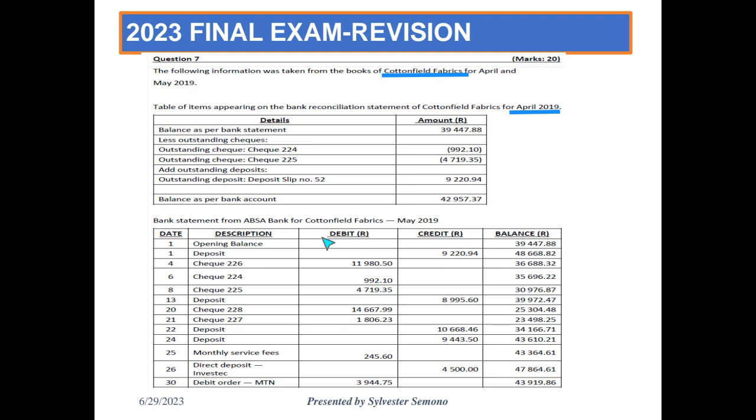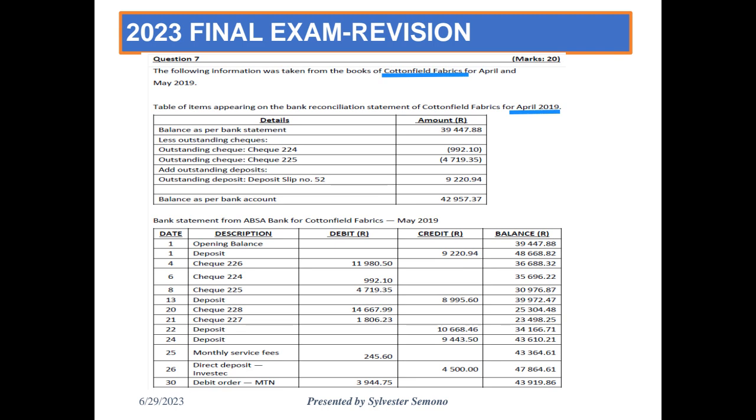Remember, on the bank statement, the debit means you received. If you have this paper on your side, just write it down: you can write receipts on top. Meaning this is what you have received. And then the payments are going to be under the credits. No, sorry, the other way around. The debits are payments, and the credits are receipts.